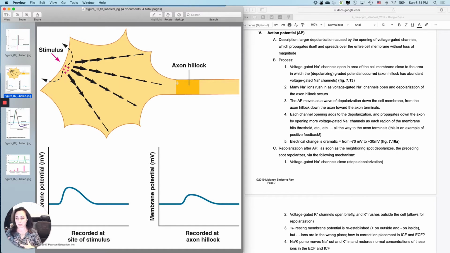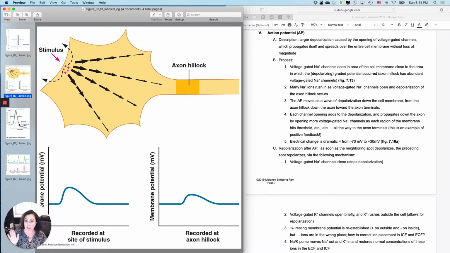So basically what we have is sodium rushing in causes the depolarization that causes sodium rushing in, that causes the depolarization, that causes sodium rushing in, that causes the depolarization. And each channel opening adds to the depolarization and makes sure that it continues to go down the axon by opening more and more of the dominoes all the way to the end.